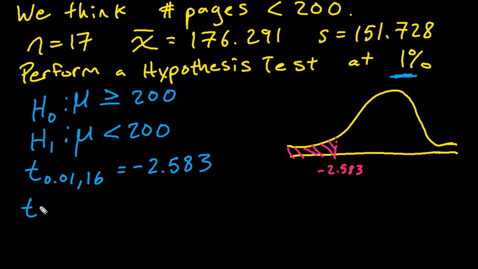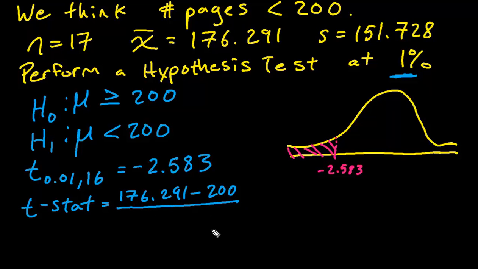All right, we're going to calculate our test statistic using this new formula, although it's pretty much the same formula. We take our x bar, 176.291, subtract our hypothesized mean, our arbitrary constant, which is 200.